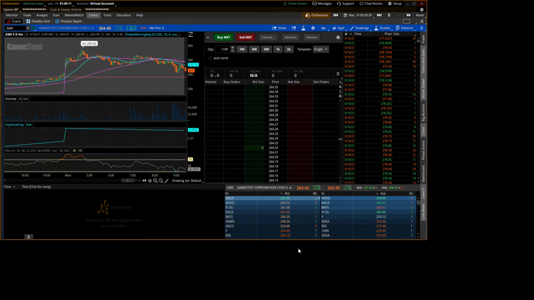You have your exchanges here that have all the orders for the buyers, and you have the exchanges for all the sellers over here. Now, one of the keys, this is the bid size. BS means bid size. AS means ask size.